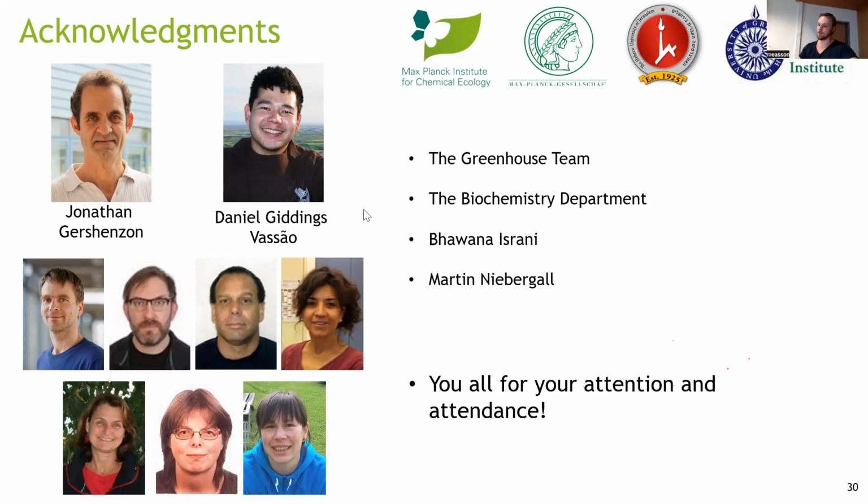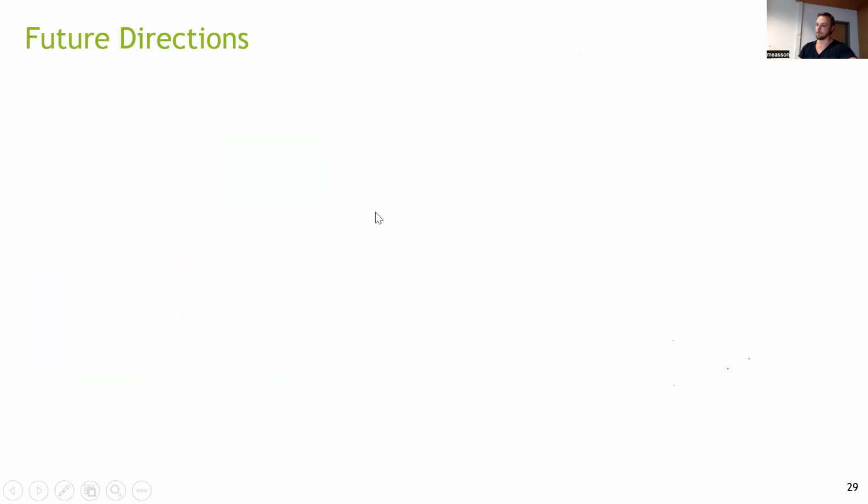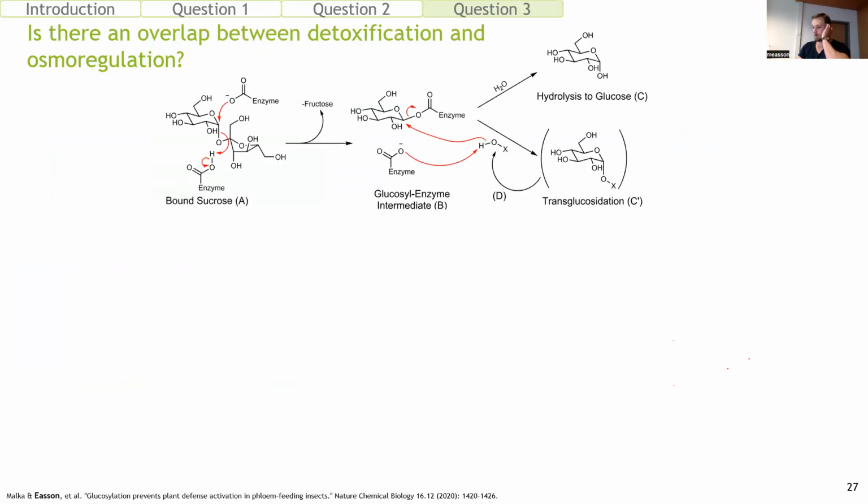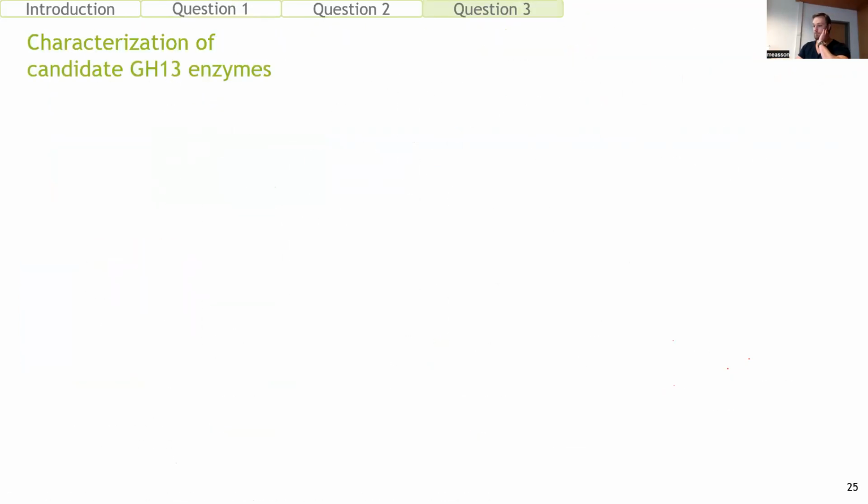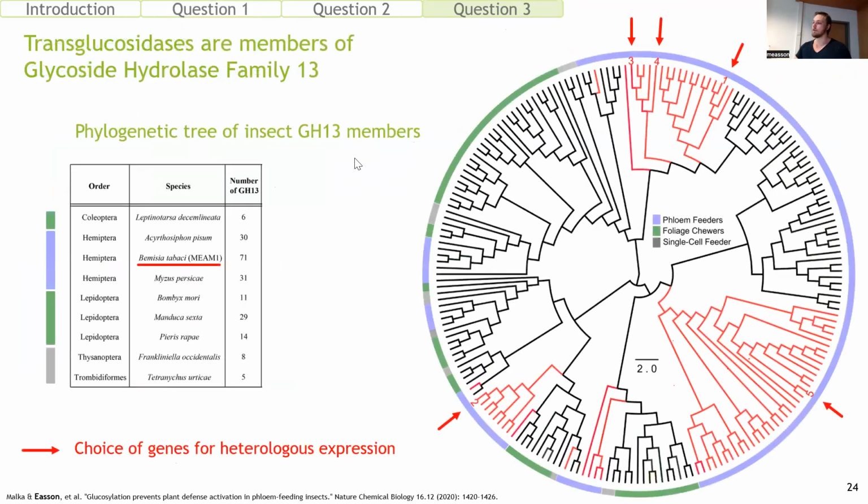Yeah. So that goes along with a little bit of the question before. There are 71 GH13 genes, which seem to be full-length coding genes that even have variable transcription depending on what plant this insect is feeding on.